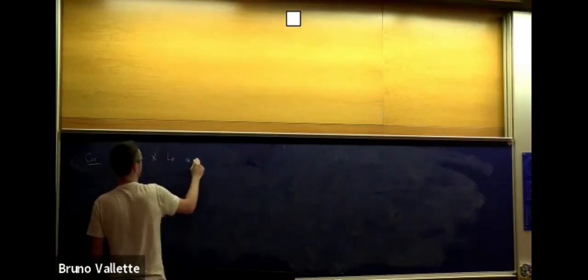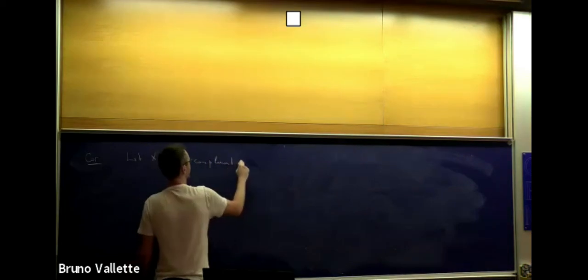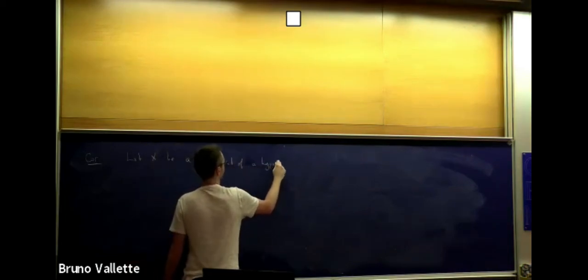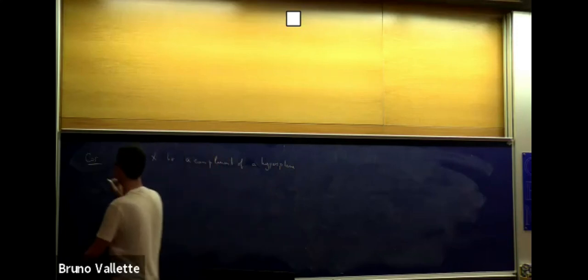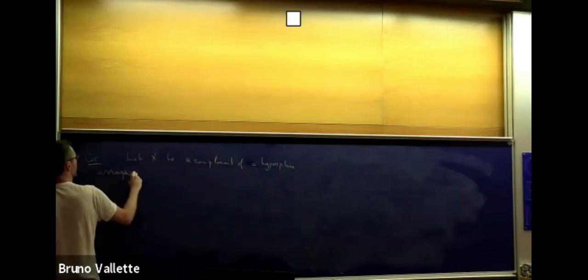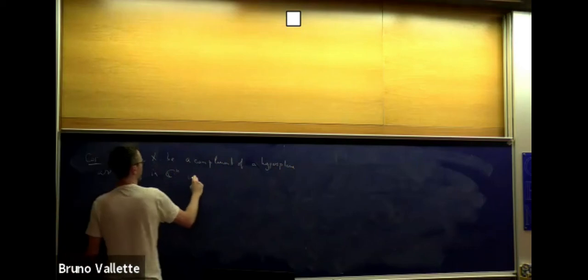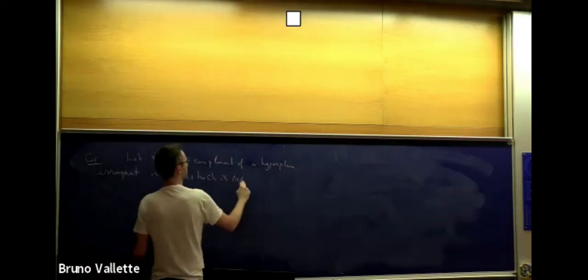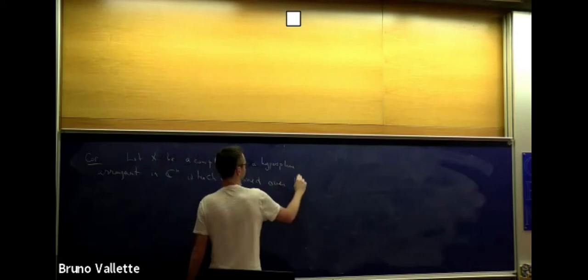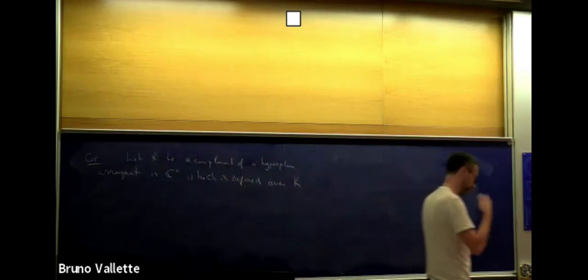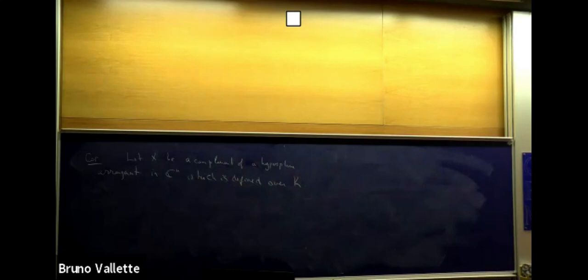Let X be a complement of a hyperplane arrangement in Cn, which is defined over a periodic field K. What I mean by this is, remember that I've picked an embedding of my periodic field into the complex numbers, and this condition says that the equations defining these hyperplanes can be chosen so that they have coefficients in this subfield K.